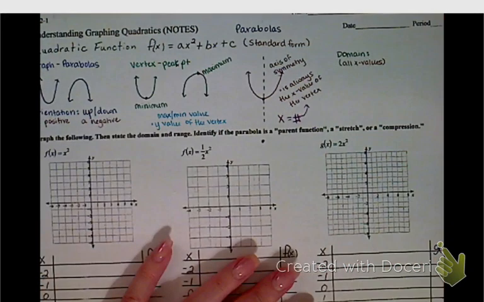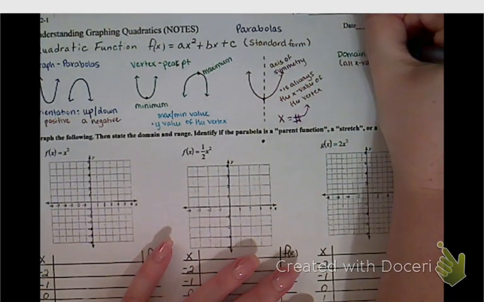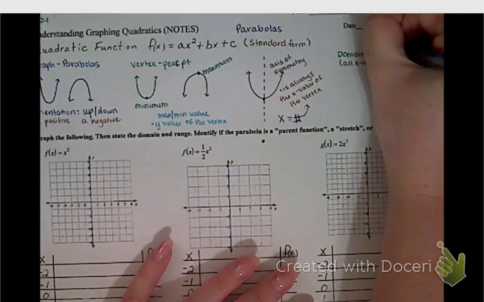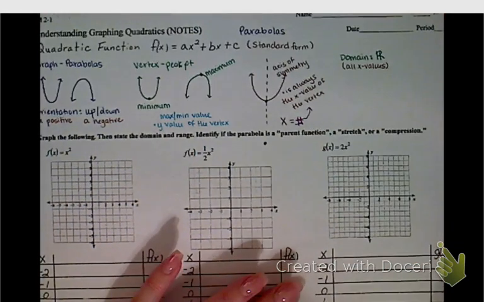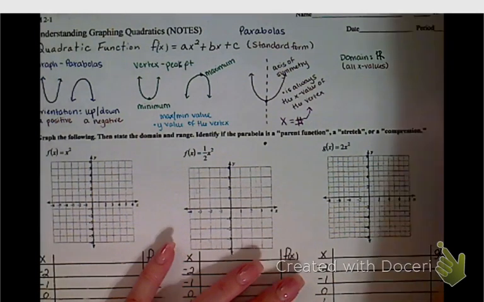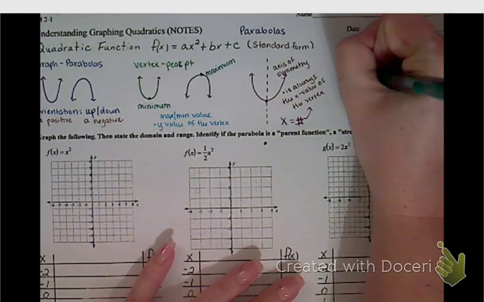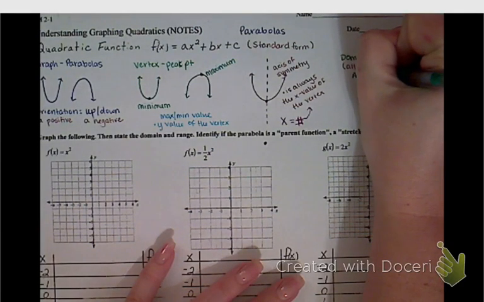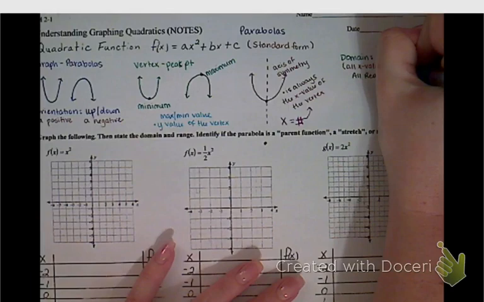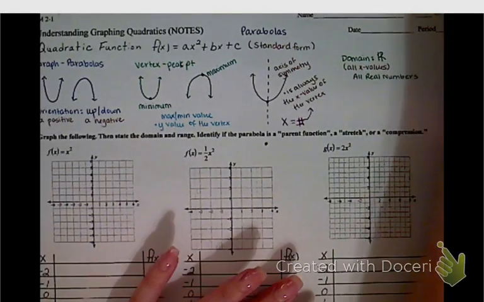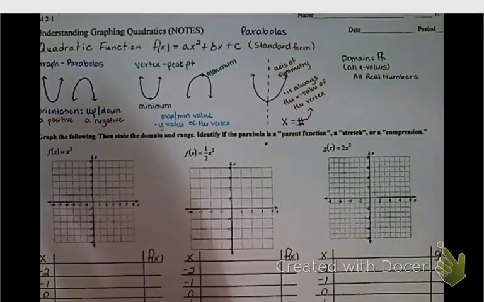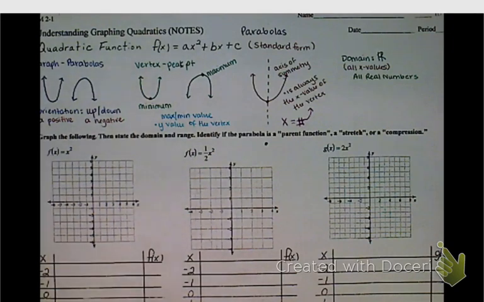So my domain is going to be all real numbers, and we write it like an R but with an additional line through it. If you want to write all real numbers, you can. So for parabolas that are in this form, your answer for domain is always all real numbers.